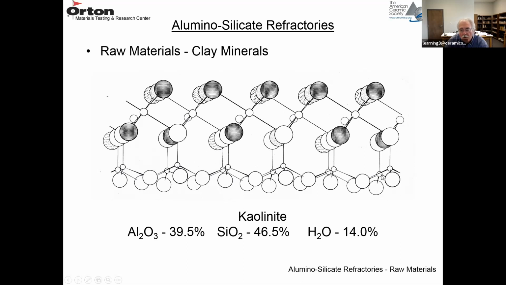And the large open circles are oxygen. And then the circles with the pattern in it are the OH groups. So you have a layer of the silicon tetrahedrons and a layer of the aluminum octahedrons, and that forms one layer in the kaolinite group.